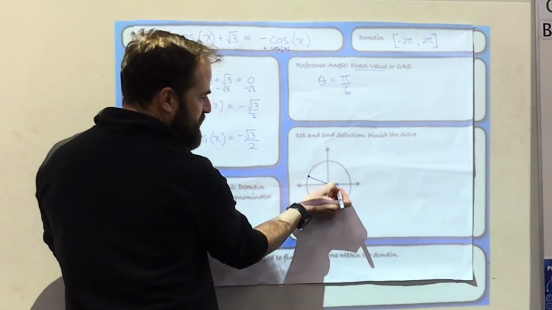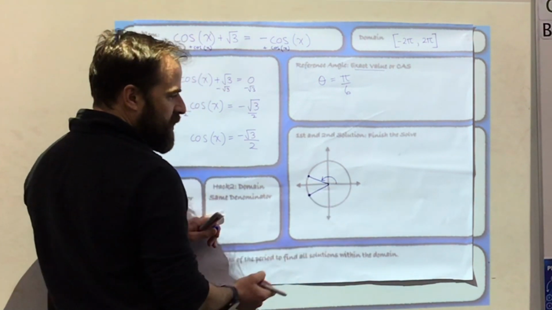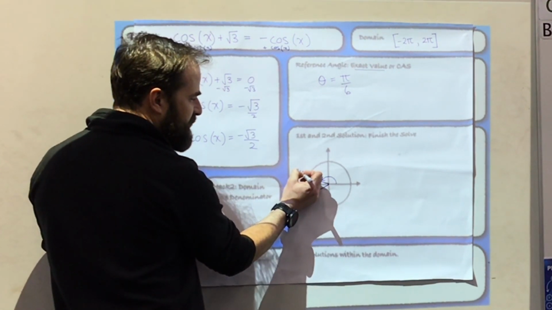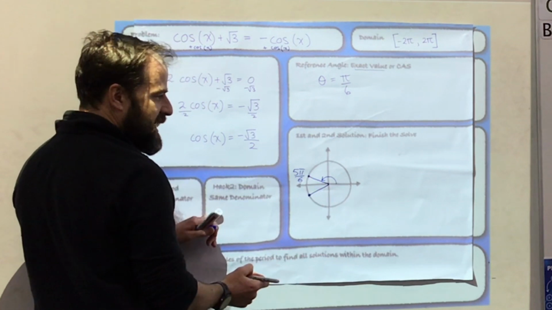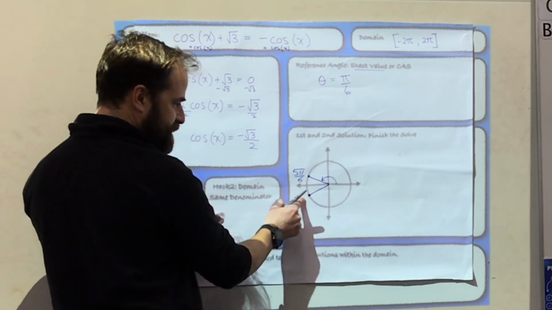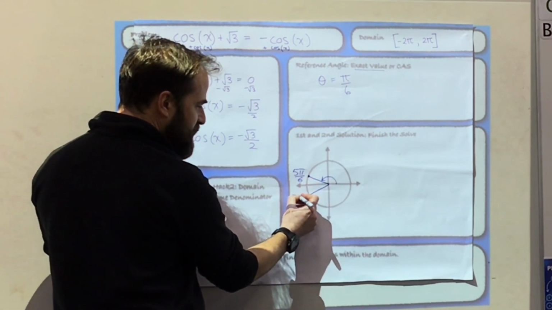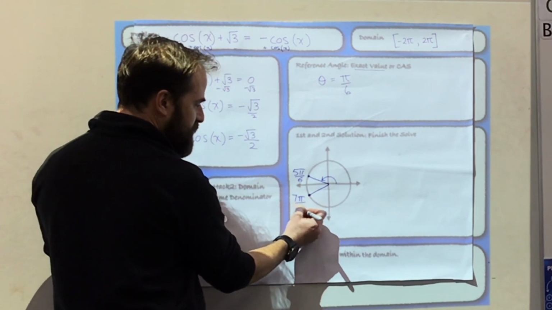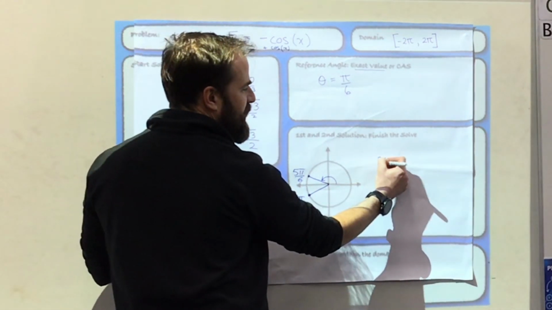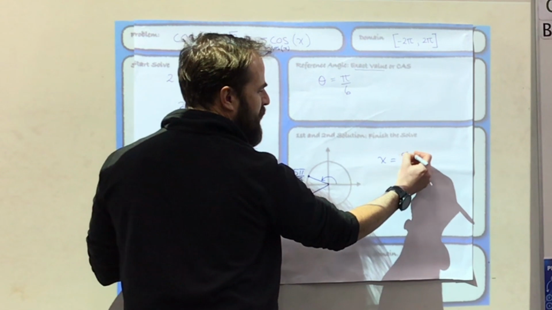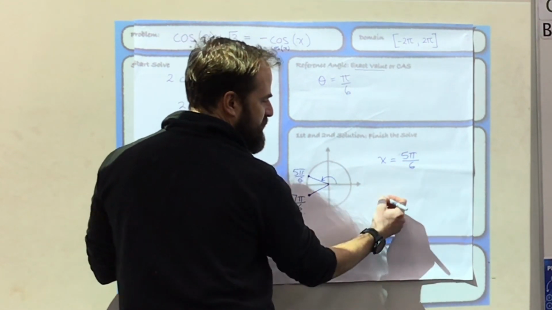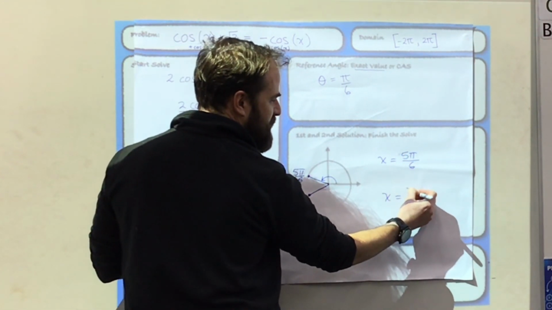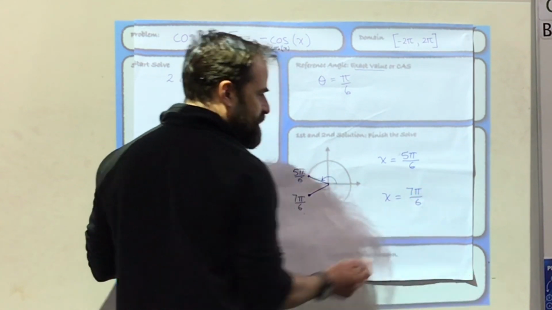So my first solution would be the 5 pi on 6 solution, and my second solution would be the 7 pi on 6 solution. So x equals 5 pi on 6, x equals 7 pi on 6.